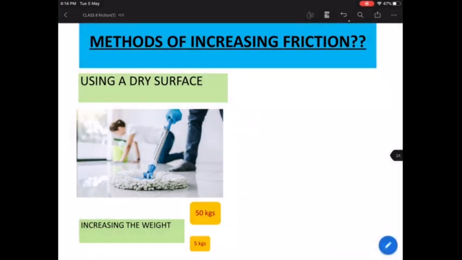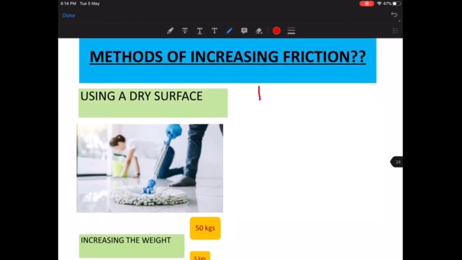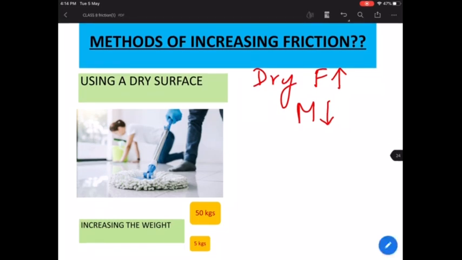Because if the floor is dry, then the friction is going to be more. If the friction is more, what about the movement? Our movement is going to be less. So we will not slip. Our movement will be restricted. So to have the surface dry is very, very important.